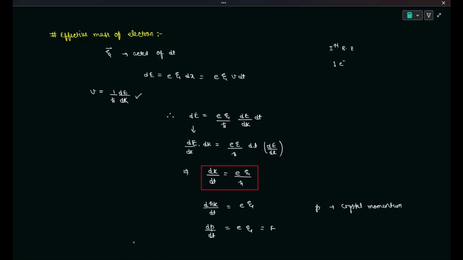for this electron. Now since velocity is equal to 1 divided by ħ times the derivative of energy with respect to wave vector k, therefore acceleration will be equal to dv by dt, which will be equal to 1 divided by ħ ∂²E by ∂t ∂k.